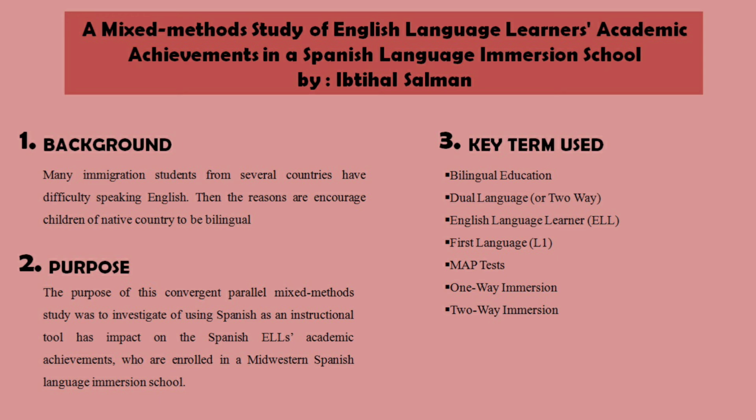Purpose: the purpose of this convergent parallel mixed method study was to investigate whether using Spanish as an instructional tool has an impact on the academic achievements of Spanish ELL students who are enrolled in a Midwestern Spanish language immersion school.